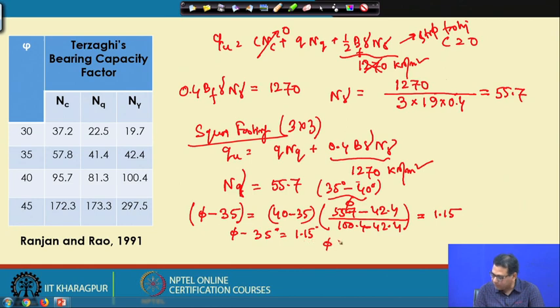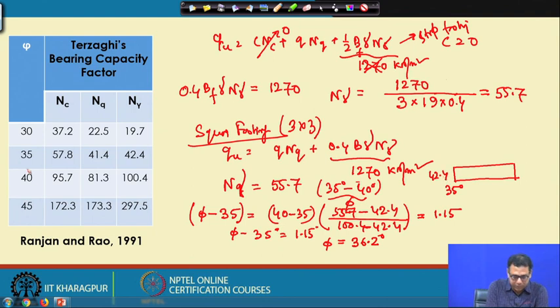So, phi value is equal to 36.2 degrees, 36.15, 36.2 degrees, because we are just doing linear interpolation. For 35 degrees phi, the N gamma value is 42.4, and for 40 degrees it is 100.4.